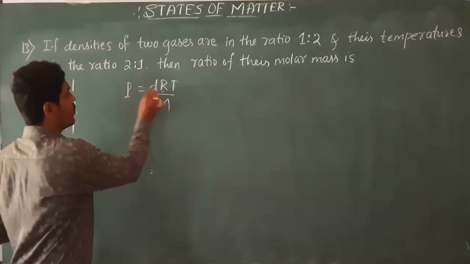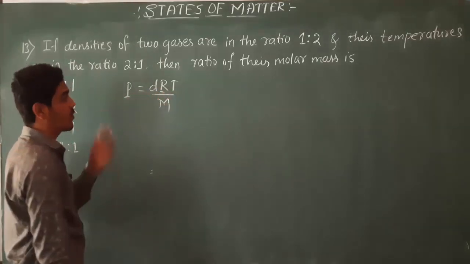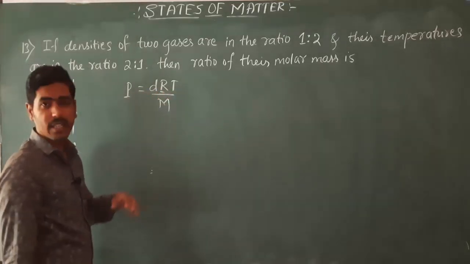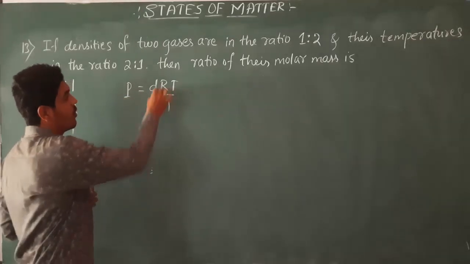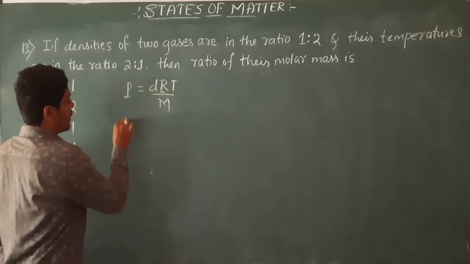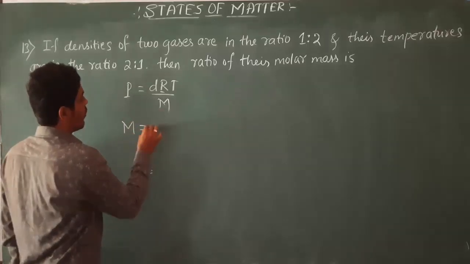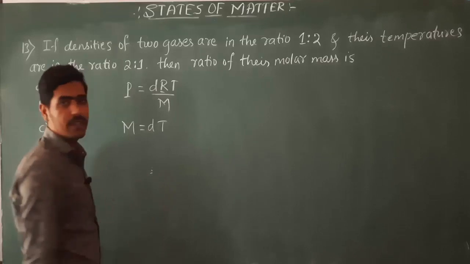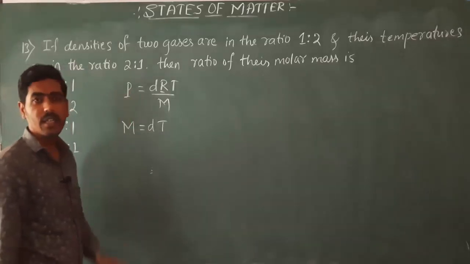So leave these two constants. Since we are taking the ratios, R and P will cancel out. So what will remain? M is equal to, D and T will remain if you take the ratio.